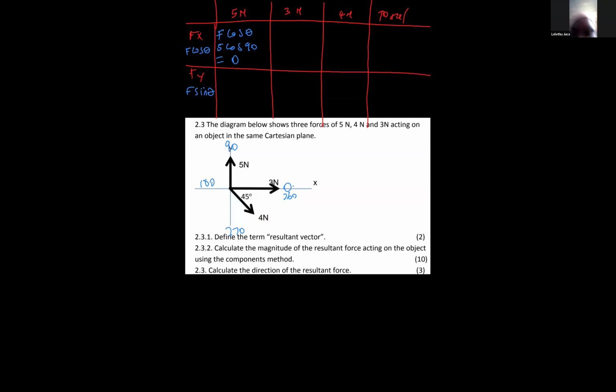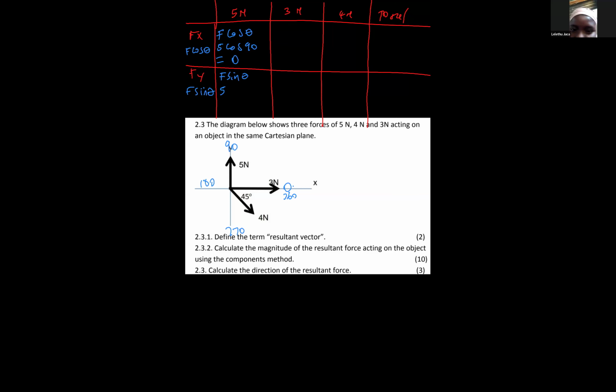Okay, no problem. So if you press 5 cos of 90, you will get 0. Cos of 90, cos of 270 is 0. Is it okay? Yes. Okay. Now we're dealing with 5 newtons, so we're also going to look at this one.